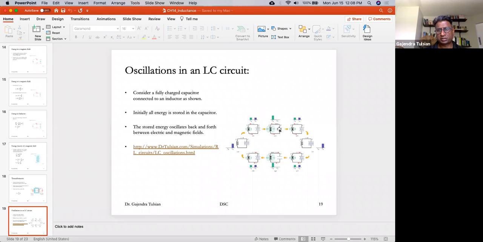And once in this, all the energy is being transferred there, and then energy is being transferred back to the capacitor. And that's the cycle through which you're going. All right, so here's the circuit. Now energy is all back in the capacitor, in the electric fields, and then it transfers back to magnetic fields. So you see.